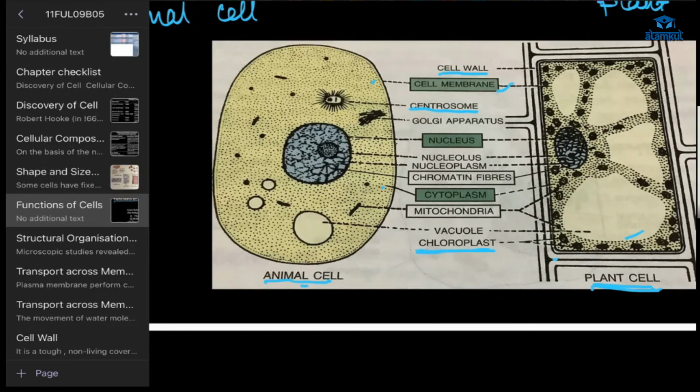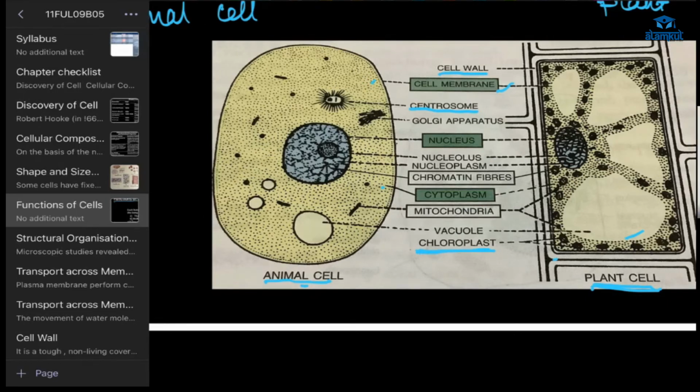And we have the vacuole, right? In the animal cell the vacuole is small, and in the plant cell we have a large vacuole. These are the differences. Why will animals have smaller vacuoles and plants larger vacuoles?